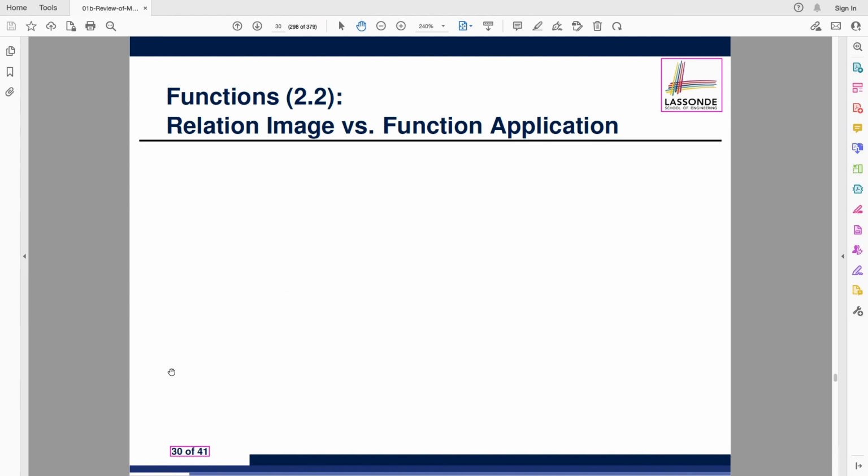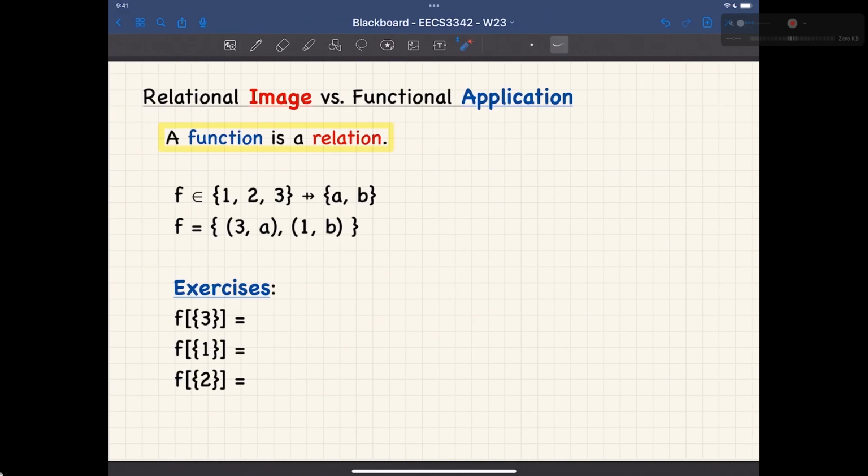Right, quick clarification about relational image and also functional application, right? Now that we know a relation may be a function, that means when we actually got a function, I can just go to that page directly and then we'll talk about it. First of all, let's review what we had before.